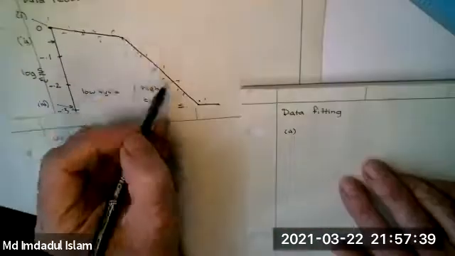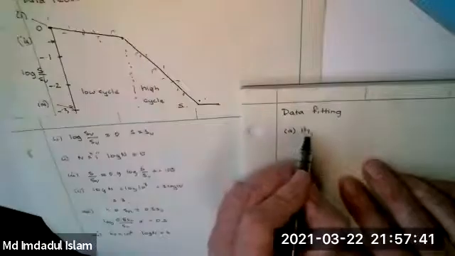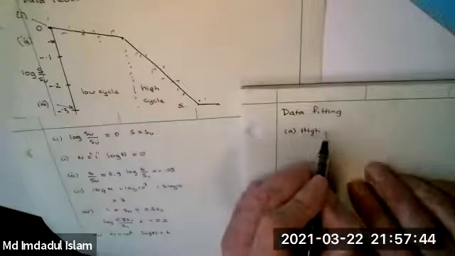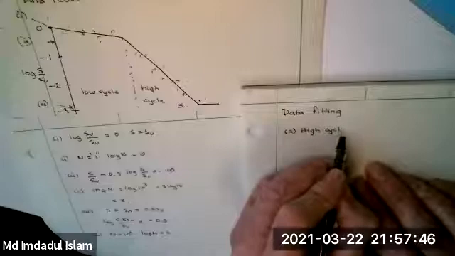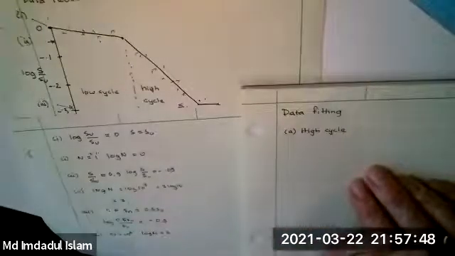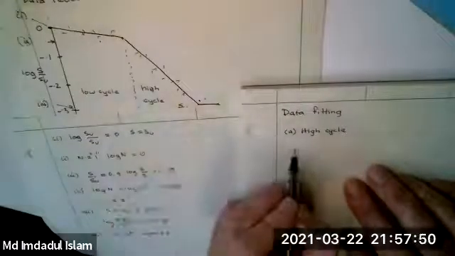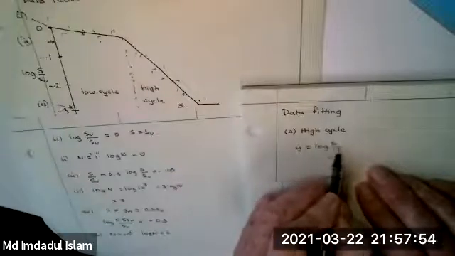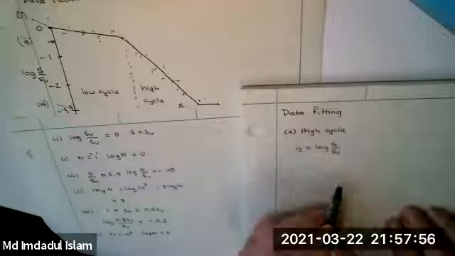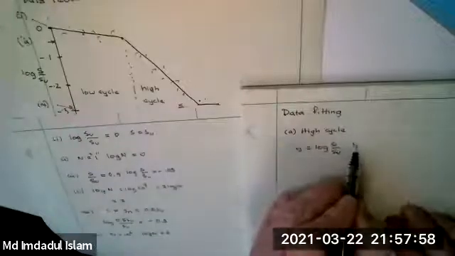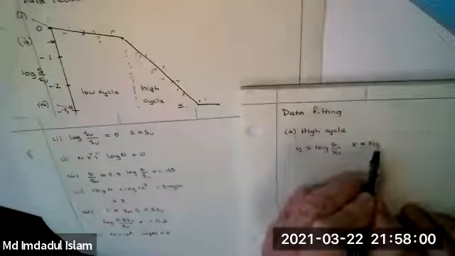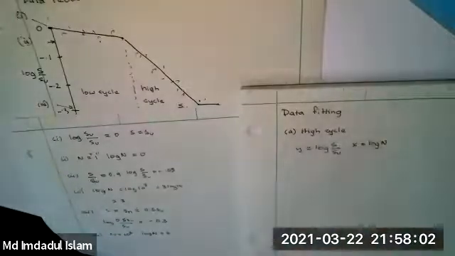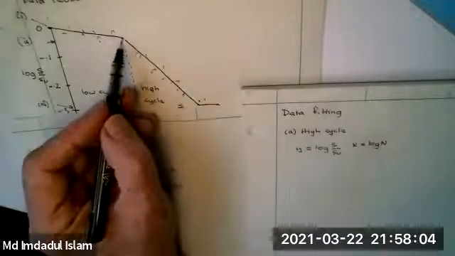So let me do the high cycle. I'm going to take my y-axis to be log of S upon SU, and my x-axis to be log of n. Then I have a couple of points.